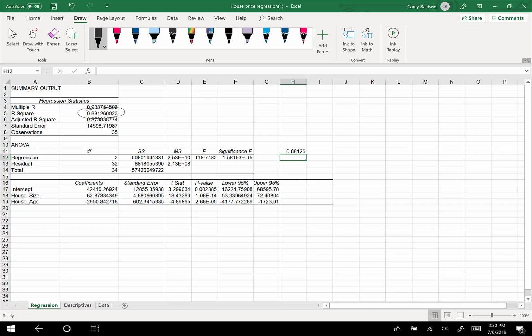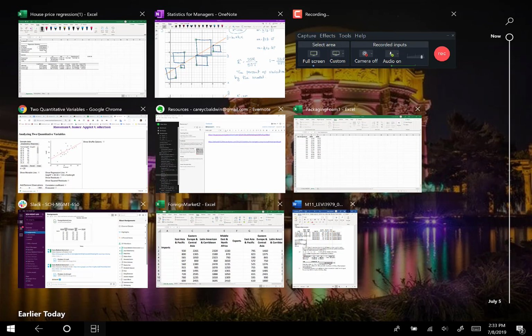So you would know from that your model is a good model, that 88% of the variation in the housing price is explained by the size of the house. So that's a useful thing to know when you're evaluating how good your model is.